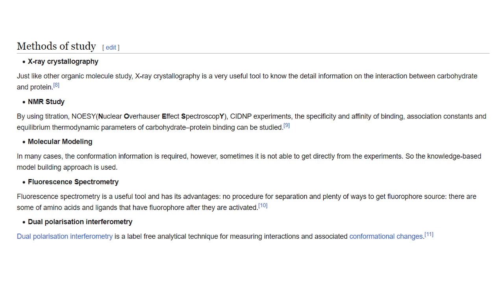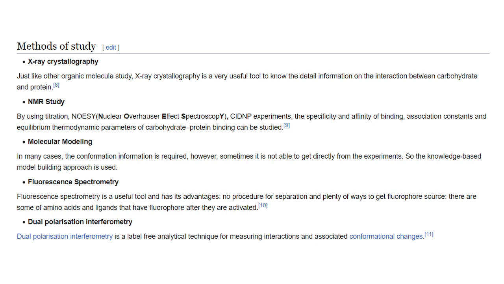The next one is a very interesting study, that is NMR, or nuclear magnetic resonance, where you use, via titration, NOESY kind of experiments, like nuclear Overhauser effect spectroscopy. That is a kind of experiment which we perform in NMR studies. You have others like CIDNP experiments, where you study the specificity and the affinity of the binding via titration studies.